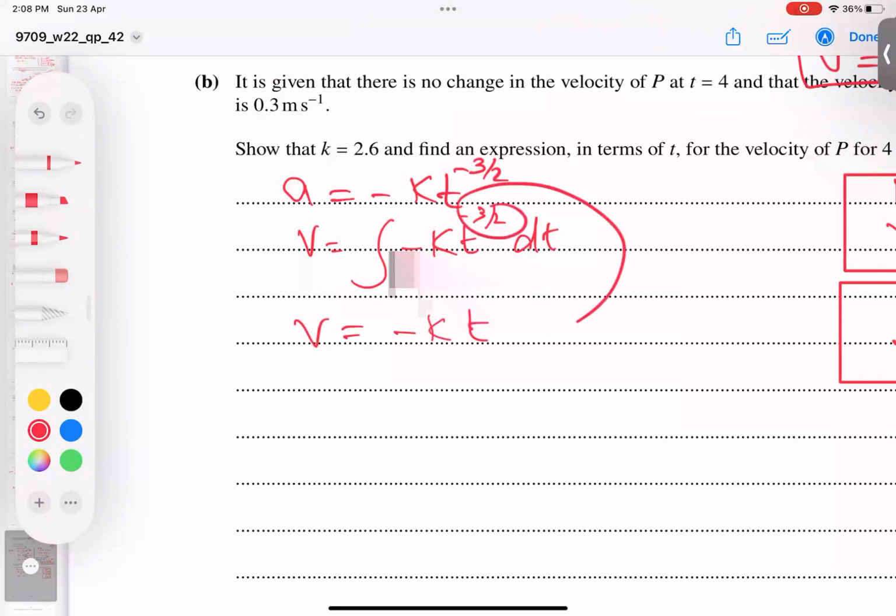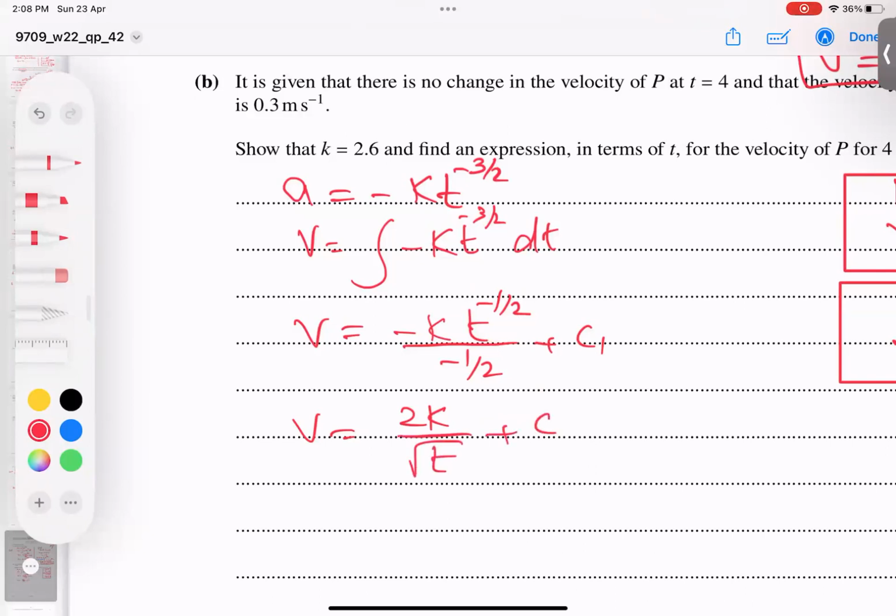When I add 1, I get negative half, same negative half down, and plus c1 to make a difference from the previous. The negatives cancel, this 2 goes up and I get 2k, and this comes down, becoming positive half. Half is called root. If you don't write root, no issue at all.